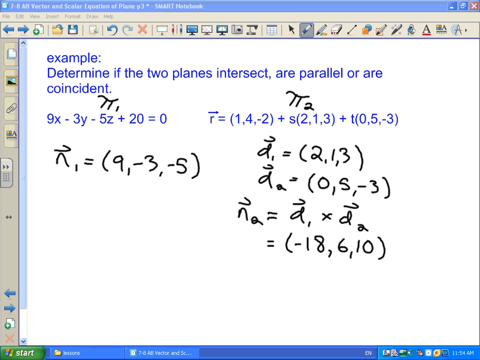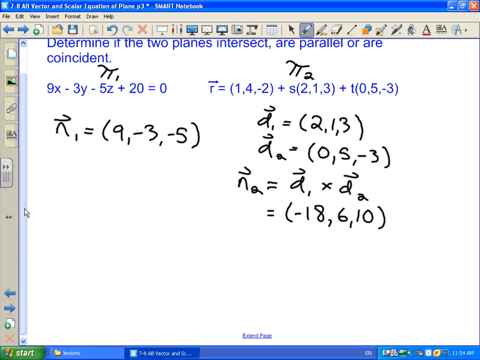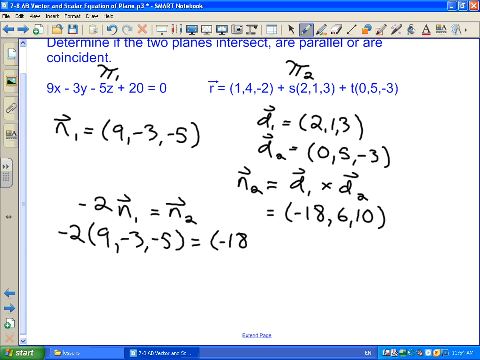And what we see is that normal 1 is a scalar multiple of normal 2. Because if I take normal 1 and multiply it by negative 2, I get normal 2. I'll just write this out here so it's a little easier to see. So this tells us that the normals are scalar multiples.